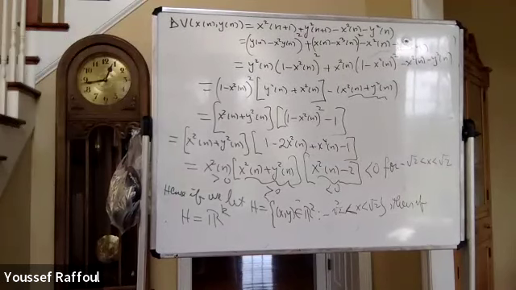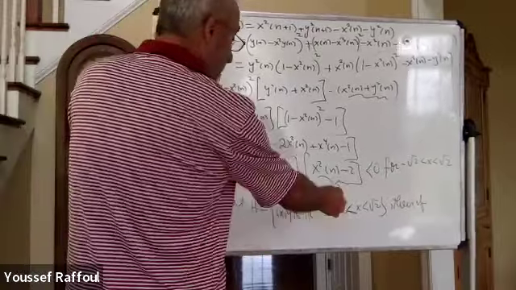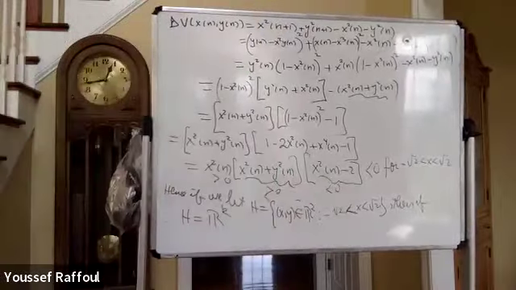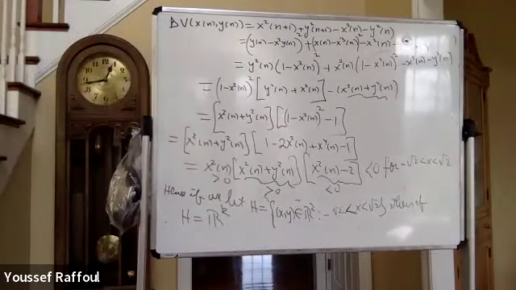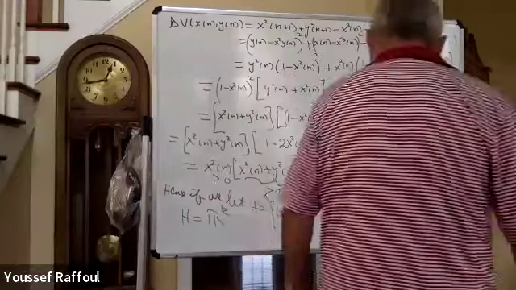That means for any, so (0, 0) is not in here, all right? X is, but Y is not, all right?